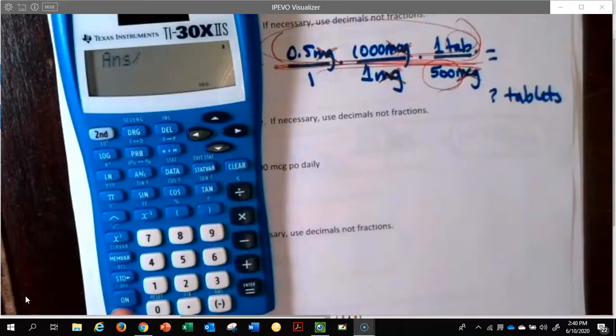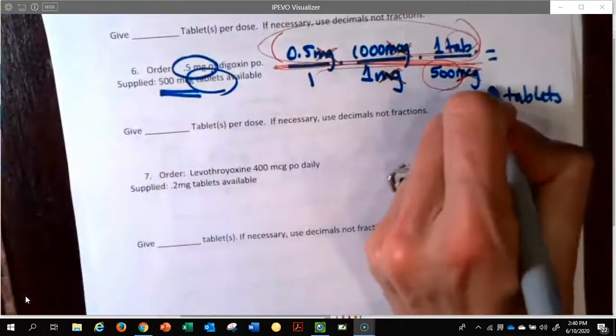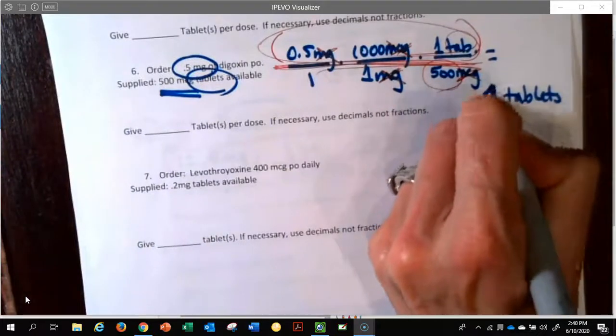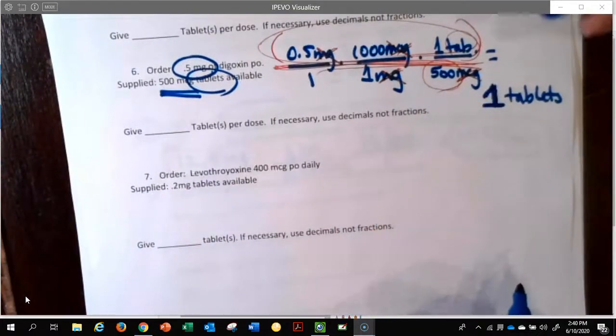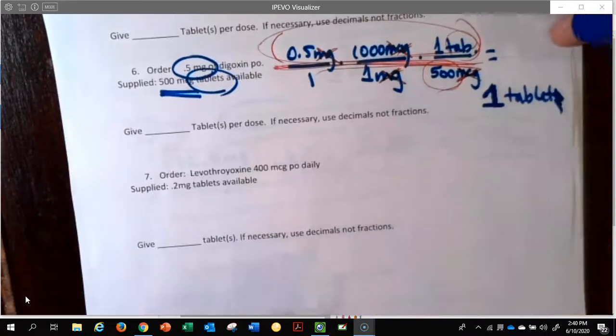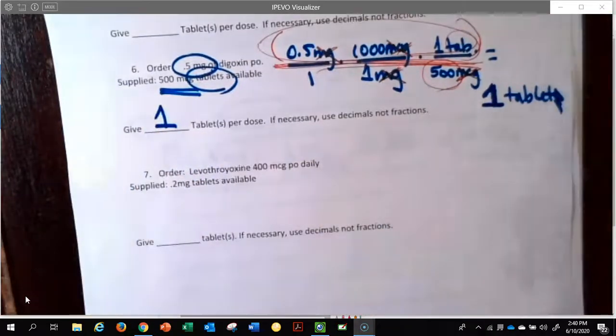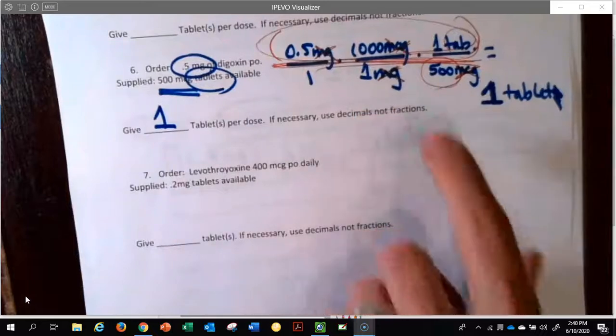Now I'm going to do divide by what's in my denominator, which is 500. And when I do, there we have it. What I need for this particular order, based on what is given in our supply cabinet, this person is going to need 1 tablet, and I don't have to worry about the decimals or fractions, per dose.